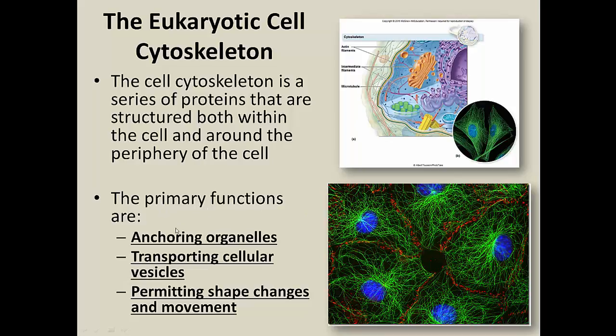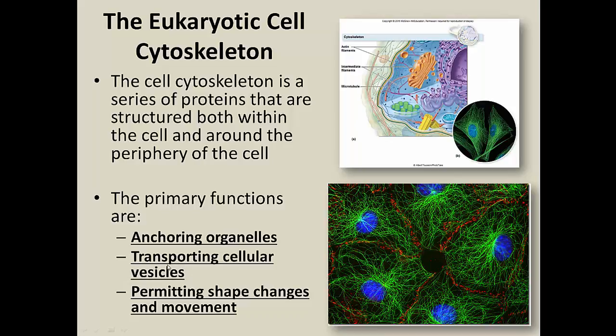So if you want to boil down the functions, which we've done here, it helps to anchor the organelles. Each organelle is like a room of a house. Each room is somewhat structured within the foundation of the house. They've each got their own 2x4s that shape the room and keep it where it's at.